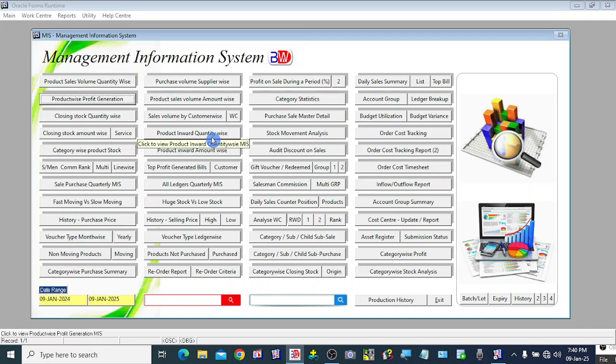During a specific period of time, I want to generate a report on to which walking customer I have sold more product or more goods. That information we can generate by clicking this walk-in customer button.